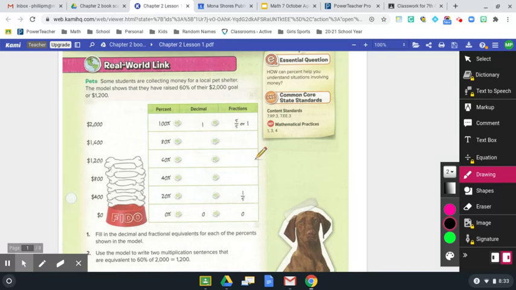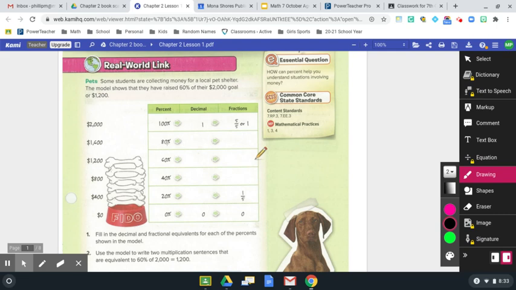It's telling you they've raised so far $1,200, which is 60% of their $2,000 goal. So let's look at this chart on going from a percent that we know to what it looks like as a decimal and as a fraction. This will apply to what we do in the lesson today.